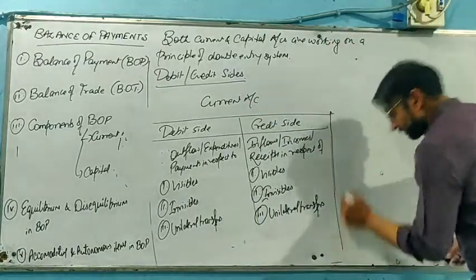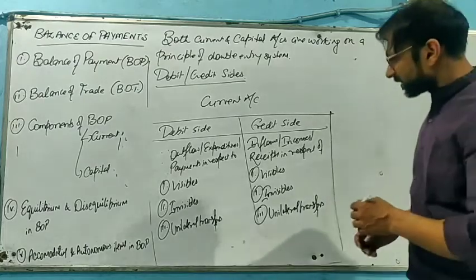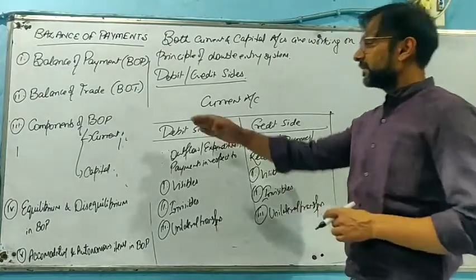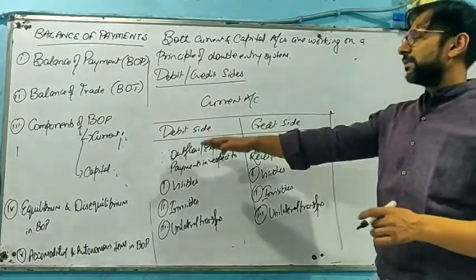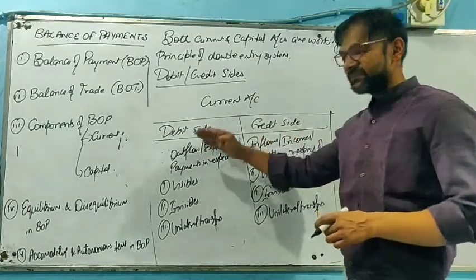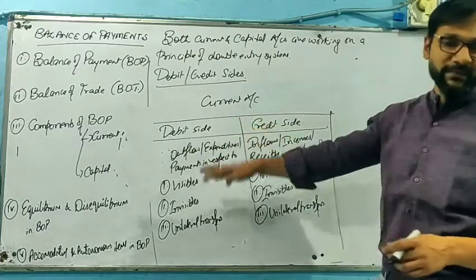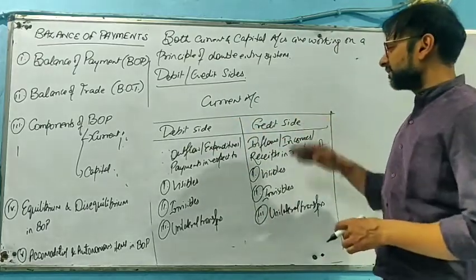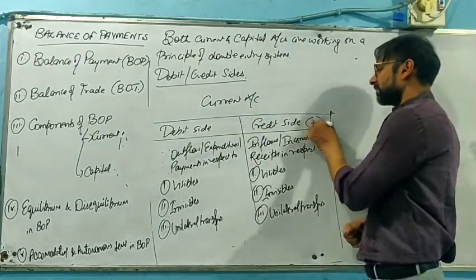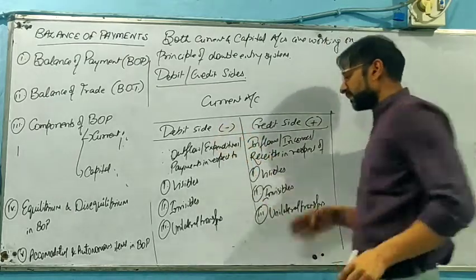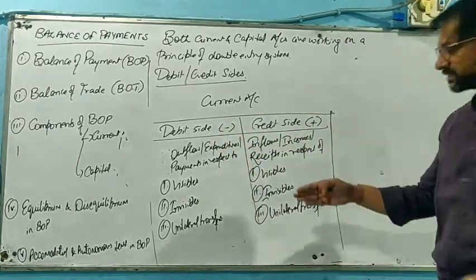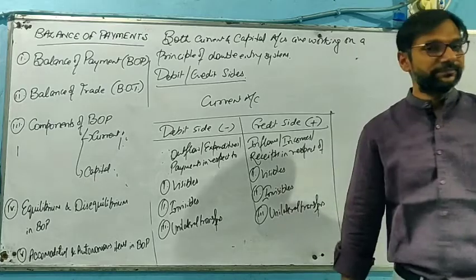So, current account is working on the principle of double entry system. It means there will be two sides, the debit side and credit side. Debit side will show all the minus side or the outflow or expenditure of payment option, whereas credit side will show all the plus items that are concerning with inflows, incomes and receipts in respect of these items.